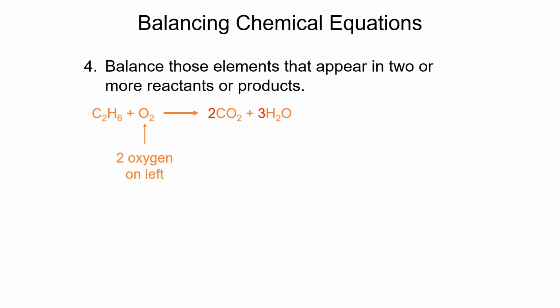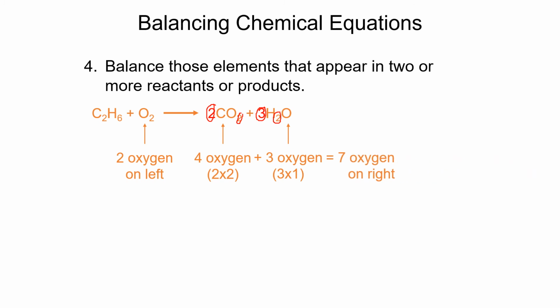On the right we have 2 times 2, which is 4, and 3 times 2. So we have 7 oxygens on the right, and we have 2 on the left.